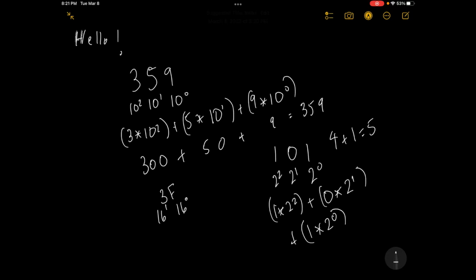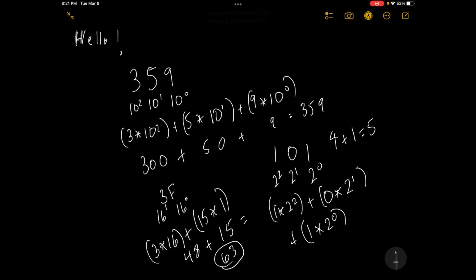So this is just going to be 3 times 16 plus f, which is 15, times 16 to the power of 0, which is just 1. So we get 48 plus 15, which equals 63.